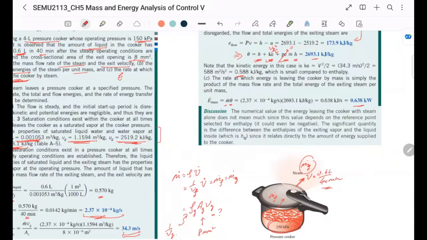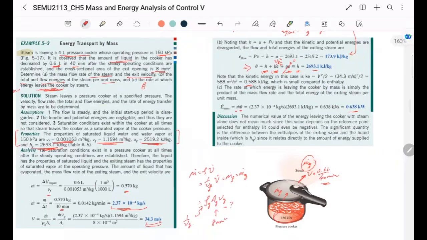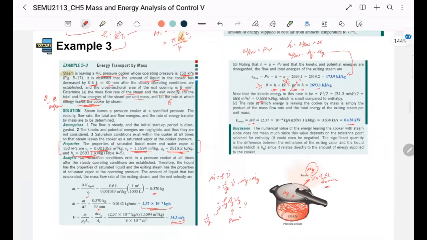So that's how we can solve the question, really. It is about finding the state. Once we find the state, we'll be able to calculate the parameters.